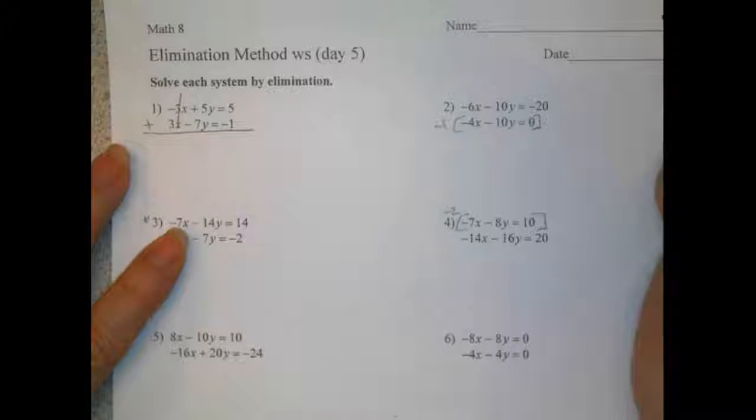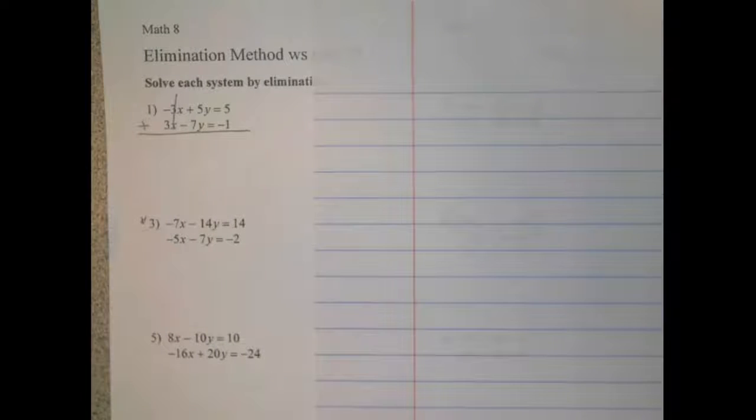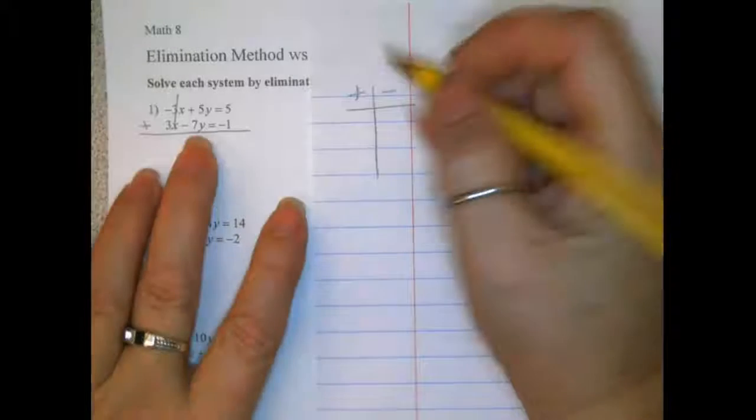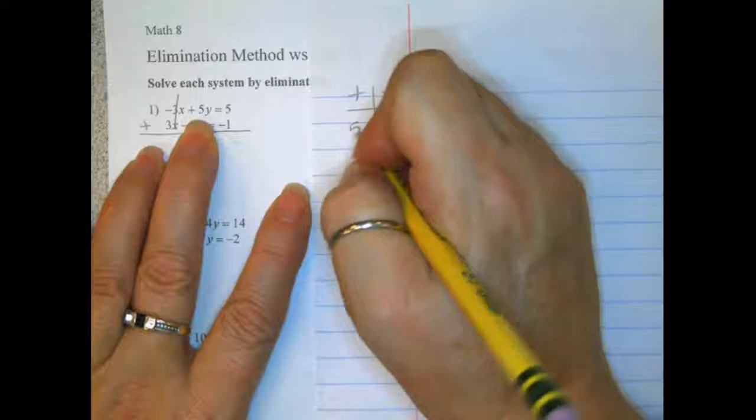Get a piece of scratch paper off to the side somewhere. You don't need to show this work, but if you want to do your work right, give yourself a column, plus and minus. What is my 5? Positive or negative? Positive. So that's going to go on the plus side.